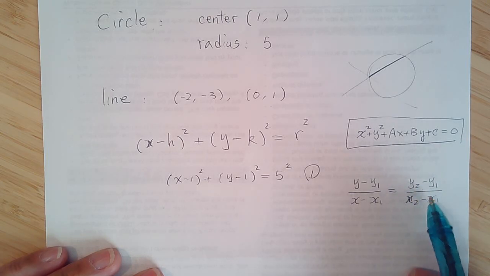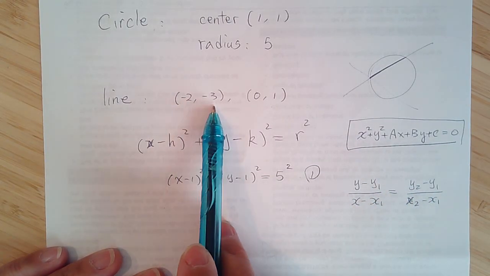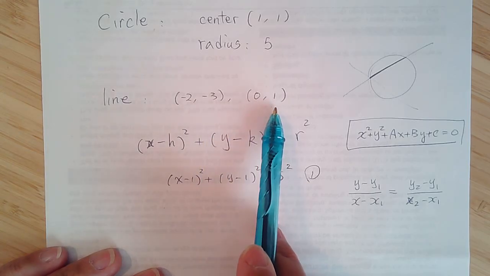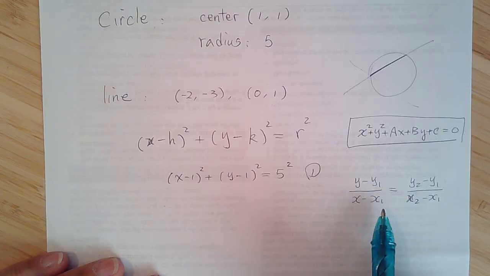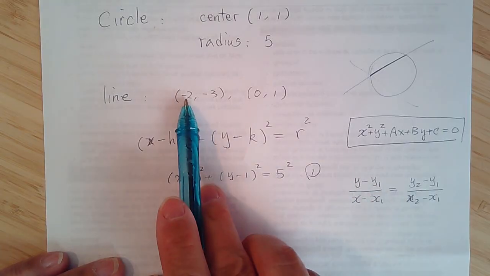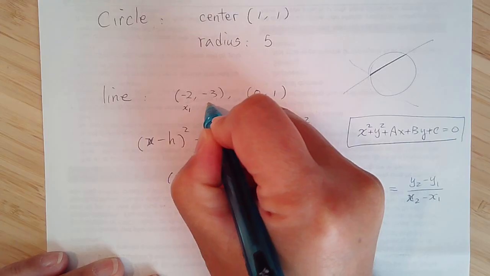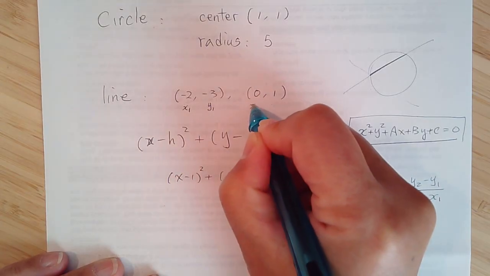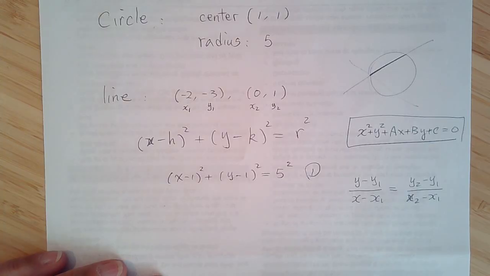That's the slope of this line. This is the form of that. So we're going to simplify this by plugging in x1, y1, x2, y2. Those 2 points are given. Okay, so x1, y1 is (-2, -3). So let me just write this: x1, y1, x2, y2. So make it a little easier for you.